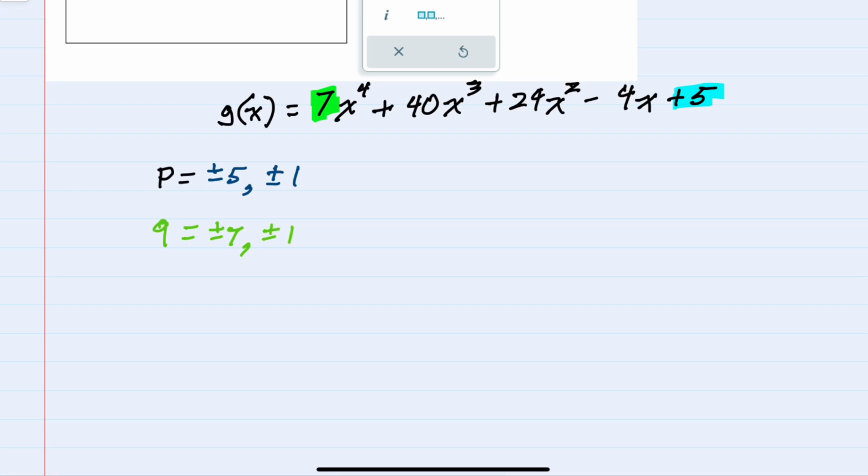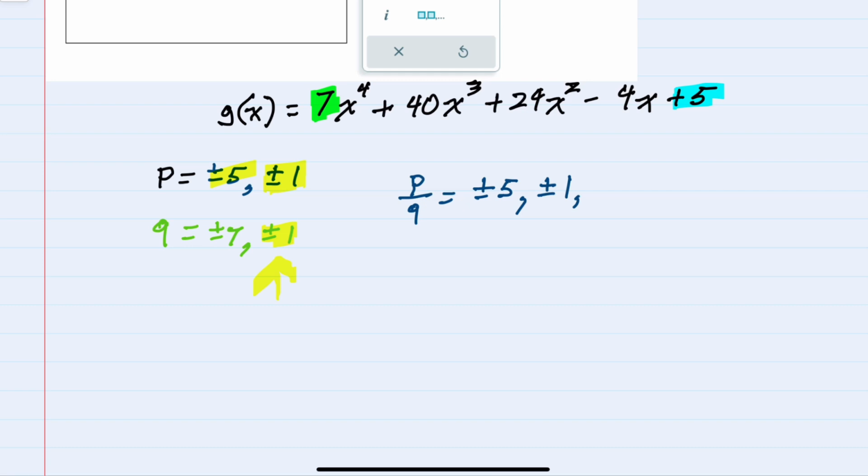So with these p's and q's, our potential zeros will come from all of the possible p's over q's. So I'll start off assuming that q is the plus or minus 1. That would give us 5 over 1. So plus or minus 5 over 1 is just 5. Or this 1 over the q of 1 would give me plus or minus 1.